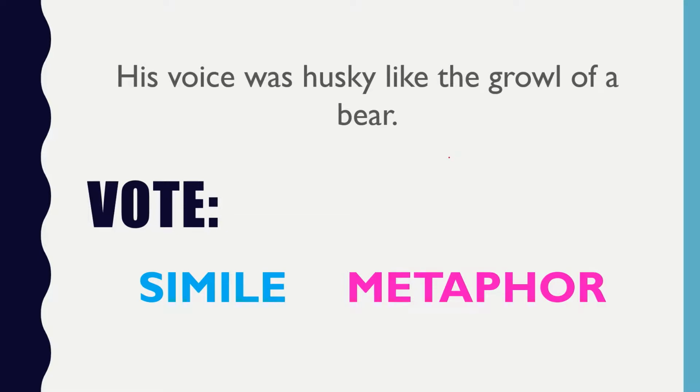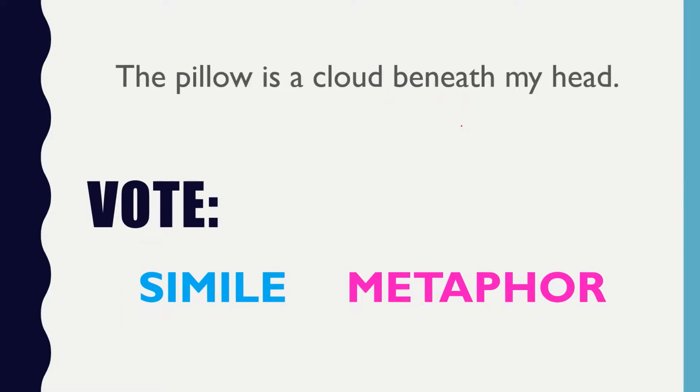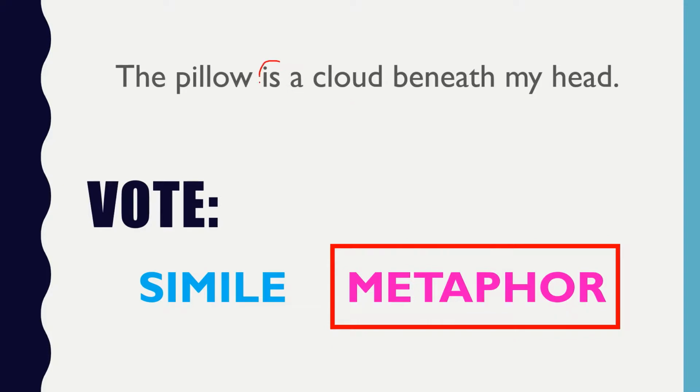Is that a simile or a metaphor? It's a simile. It's like the growl of a bear. We're trying to say they're both quite gruff in a nice comparison. And the final one. The pillow is a cloud beneath my head. That's a metaphor. It says it is something, not just comparing with like or as.